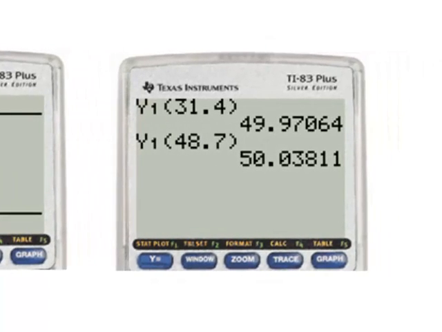Using the vars key, which is short for variables, we can just type in 31.4 and we get approximately 50%, and 48.7, which is approximately 50%. So at those two ages, the model is predicting half the workers will be using a computer at their job.